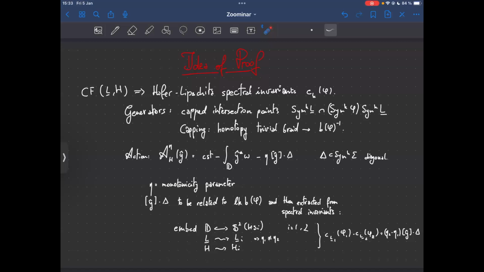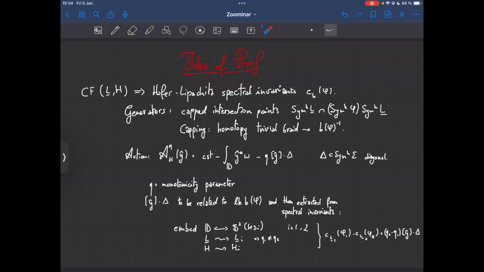In fact, the whole proof of the result hinges on a low-dimensional topological interpretation of a difference between spectral invariants. So to sort of explain that, I have to tell you what generators of the Floer complex are. And I mean, they have to be capped intersection points, but what is a capping?